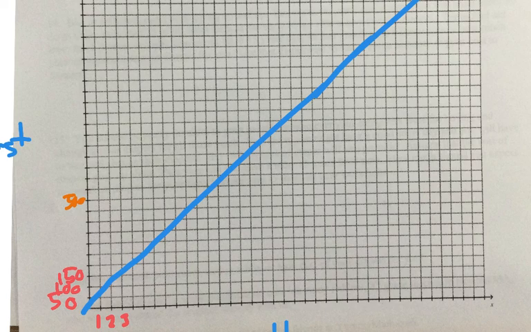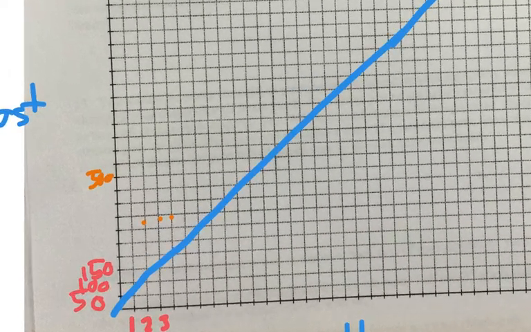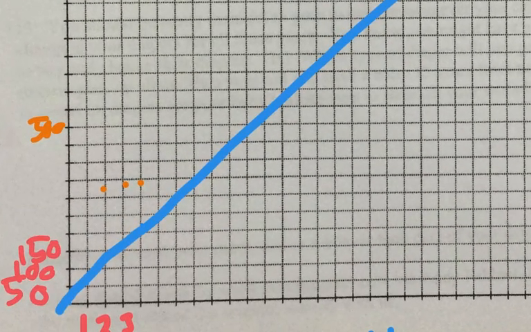And then it just went up a little, didn't it? For 4 months, we would be at 340. For 5 months, we would be at 345.